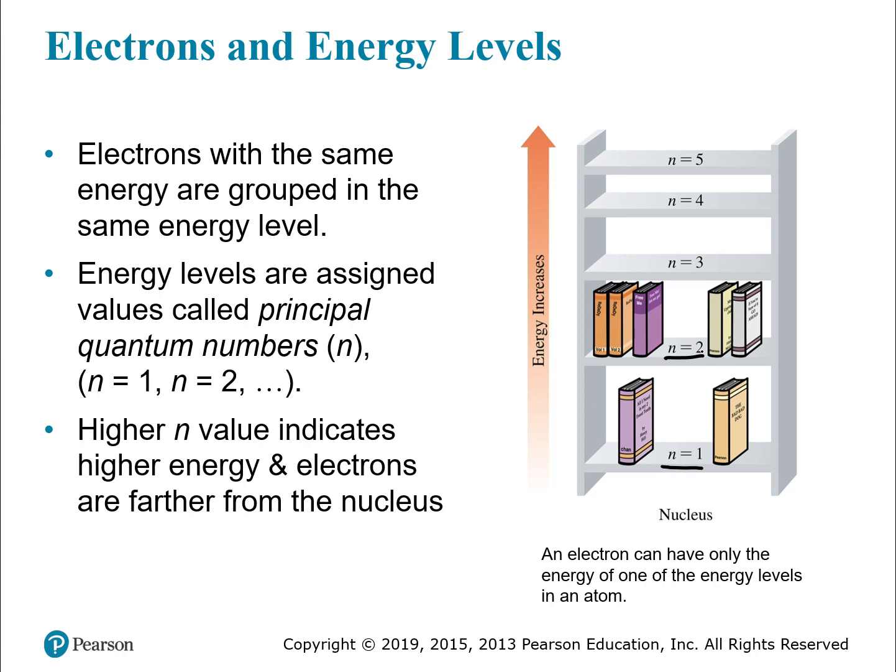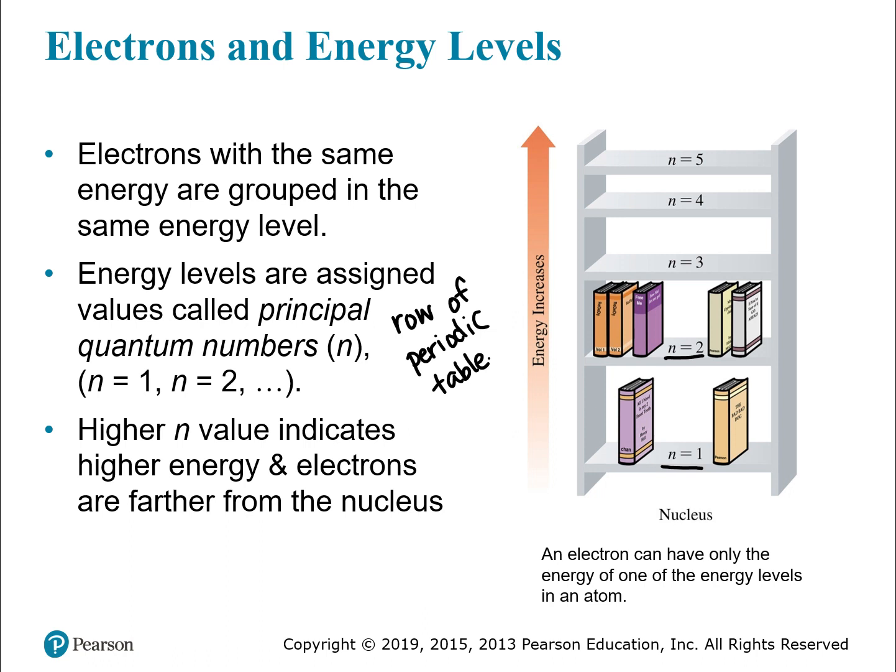These energy levels are assigned values called principal quantum numbers. If you look at the rows of the periodic table, that's what the n's equal to. So the first row is n equals 1.